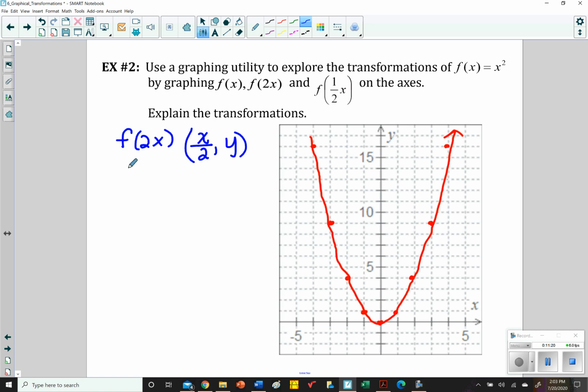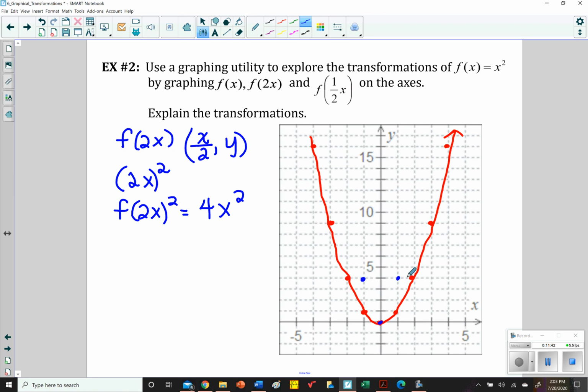And if you put 2x into the parent function, then the f of 2x is 4x squared. And that would be a really skinny graph, so still at the origin. But when you put a 1 in here, our y value is 4.